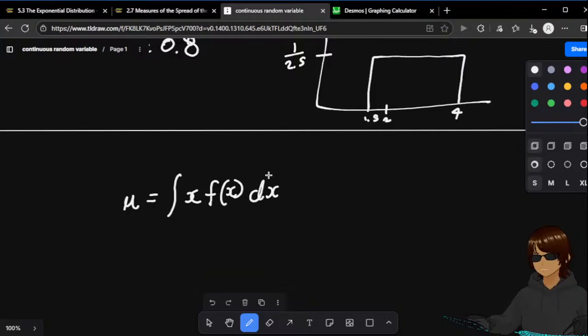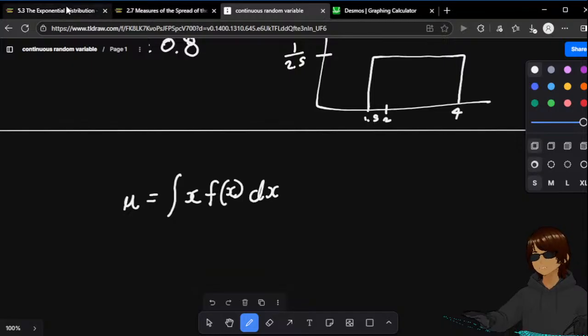This part is the area, and we multiply it by the value x. f(x) dx gives the area, which is the probability. The sum of all this would give the mean, right?